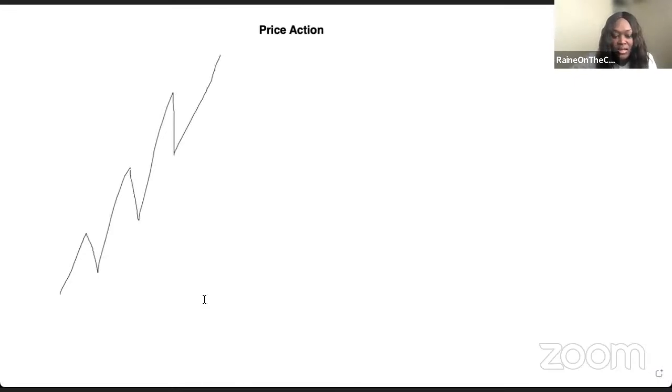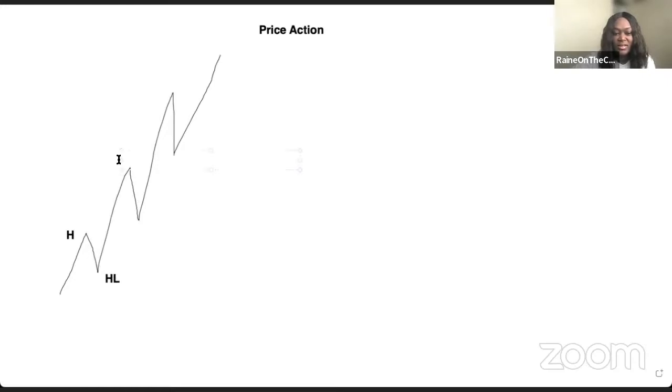So as we're going, that's the high right there. Then we come down here, and this is going to be a higher low. Why is this a higher low? Because it's higher than this one. This was the low, went high. There's a higher low.